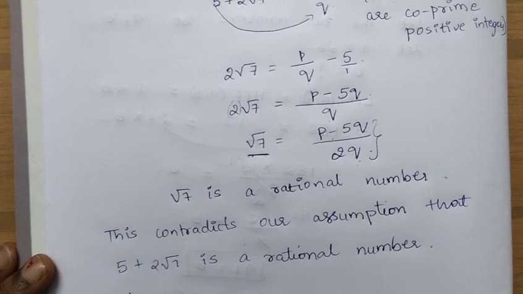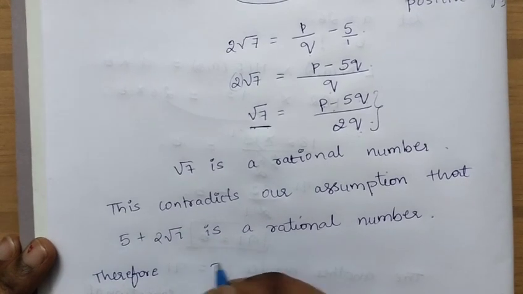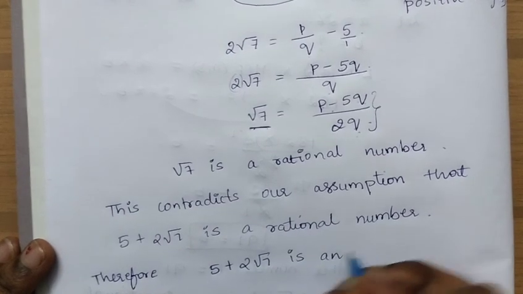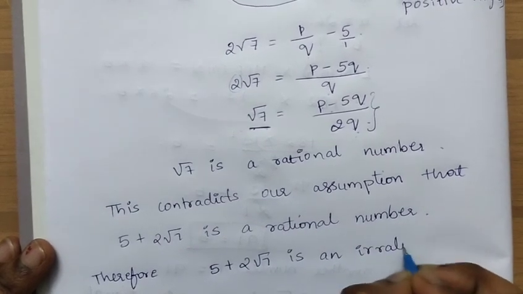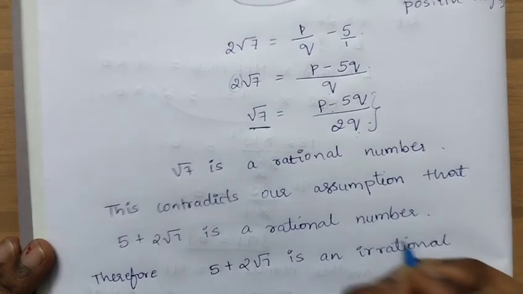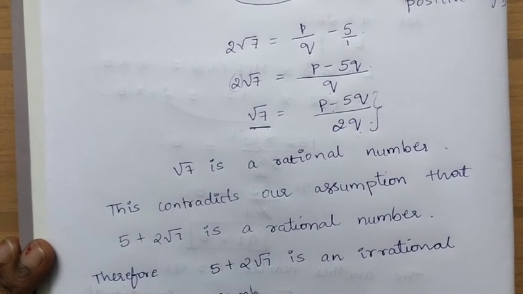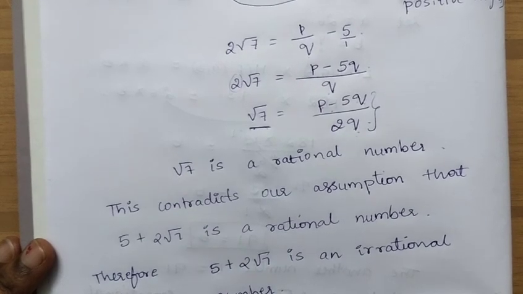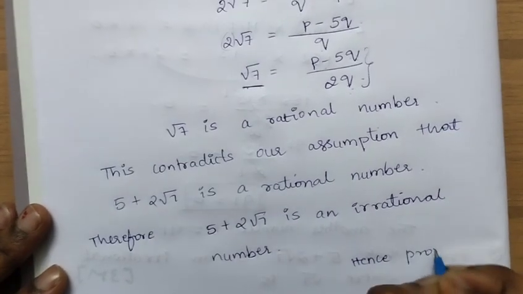Therefore, 5 plus 2 root 7 is an irrational number. Hence proved.